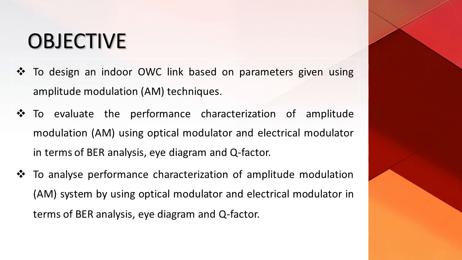Number 2 is to evaluate the performance characterization of amplitude modulation using an optical modulator and an electrical modulator in terms of BER analysis, eye diagram, and Q factor. Number 3 is to analyze the performance characterization of the amplitude modulation system using an optical modulator and an electrical modulator in terms of BER analysis, eye diagram, and Q factor.